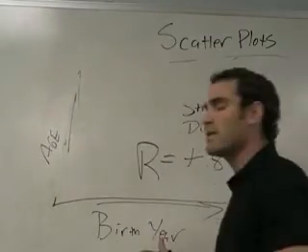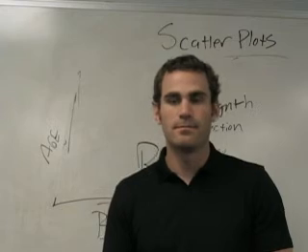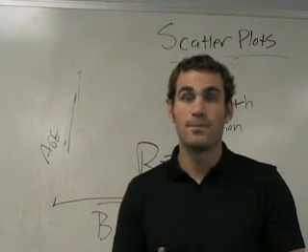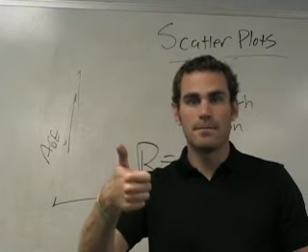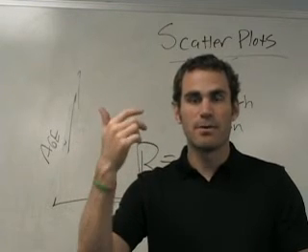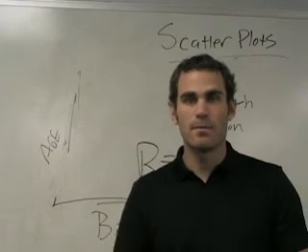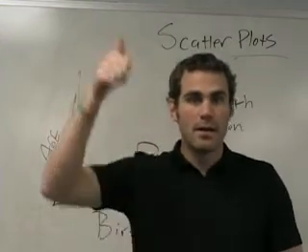Now, as your birth year decreases, your age increases. Think about it. If you were born in 80, 79, 78, your birth year is decreasing, but your age is increasing.